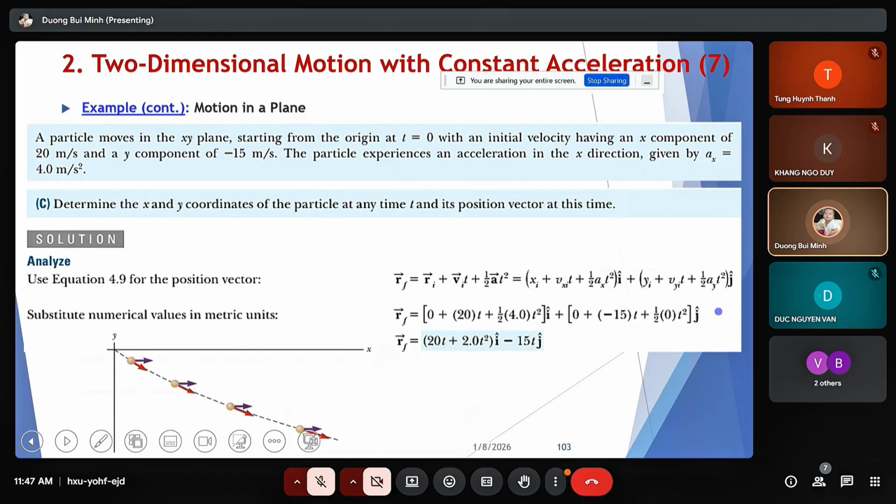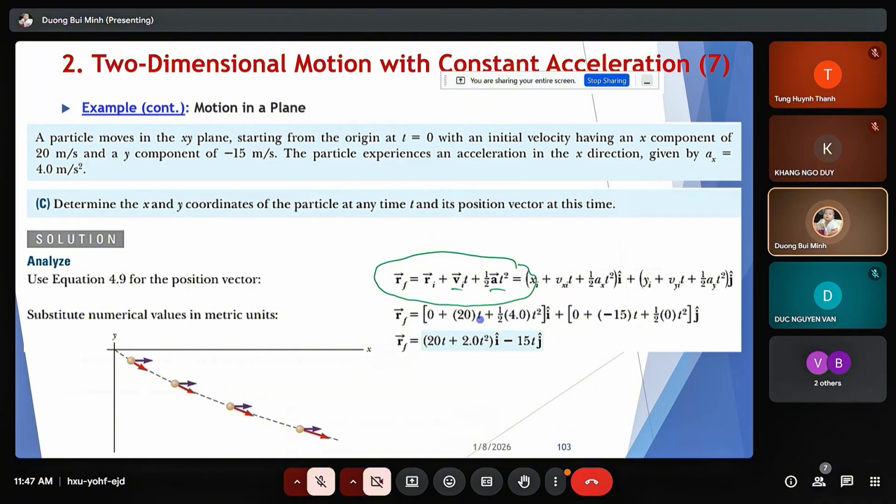Then determine the x and y coordinates of the particle at any time t, in its position vector at this time. That means we use another equation here. We already know Vi, Vxi and Vyi.